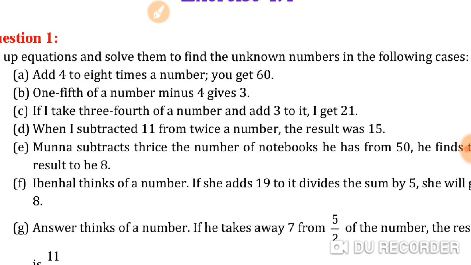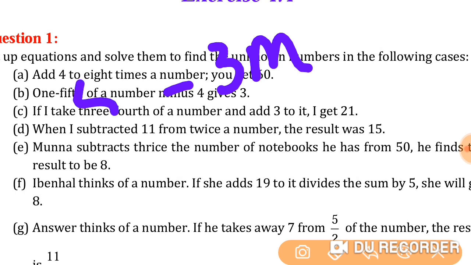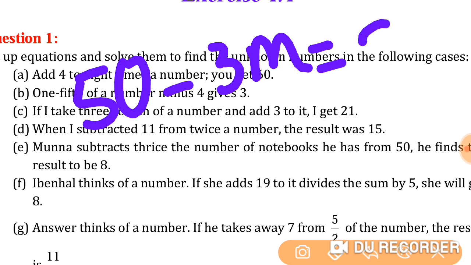Then again, Munna subtracts thrice a number, m, of notebooks he has, from 50. So from 50 he has subtracted 3 times the number of books. He finds the result as 8. This is how the equation is.